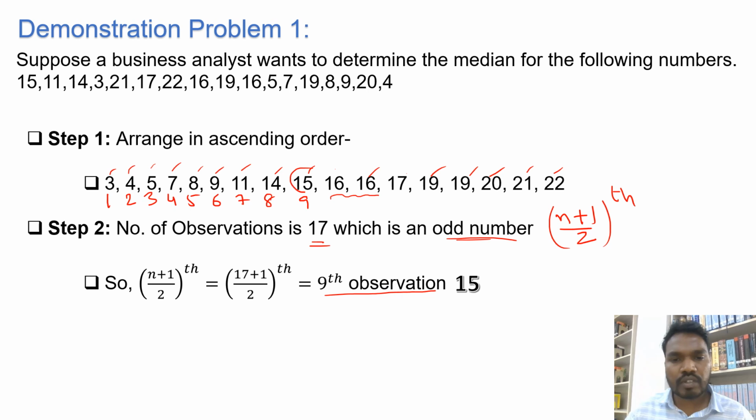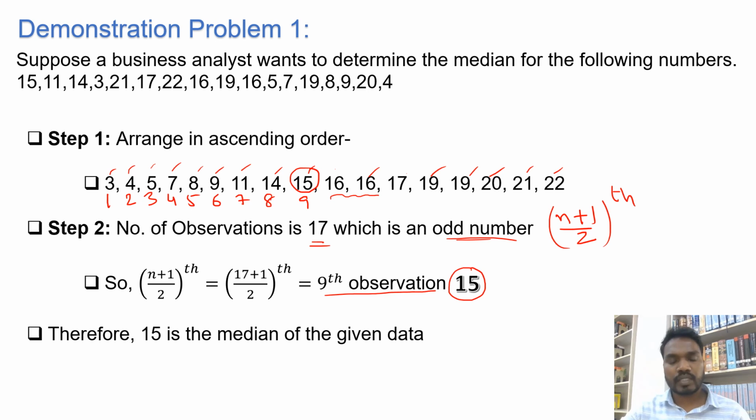So this is your ninth observation, that is 15. 15 is the median. Is that clear? Not ninth, right? So you should not get confused. The median is a particular observation; here it is the ninth observation.